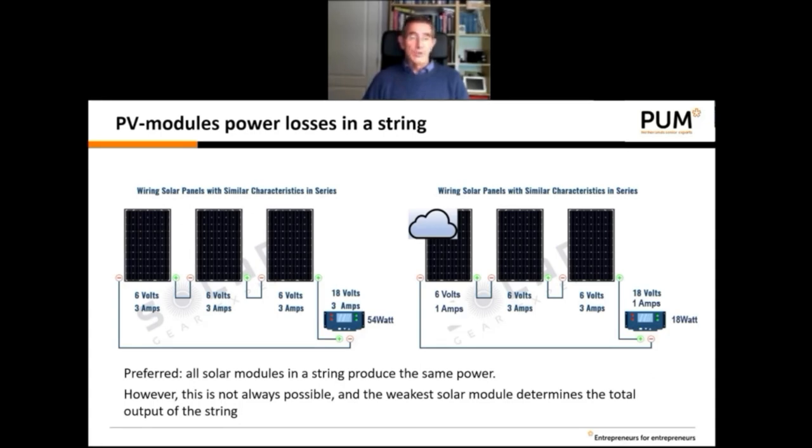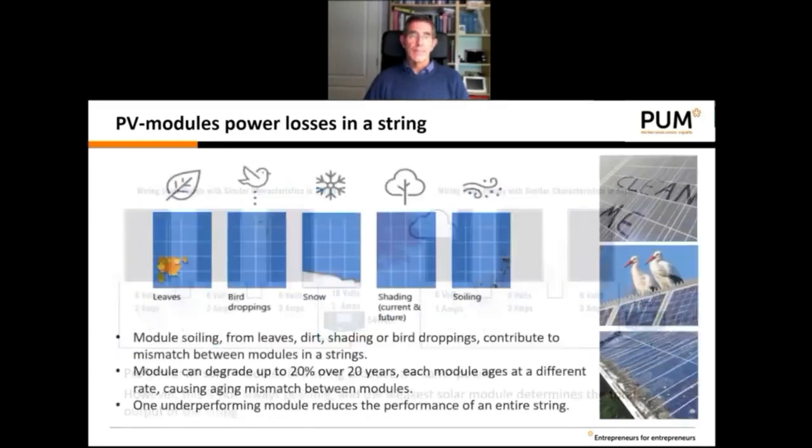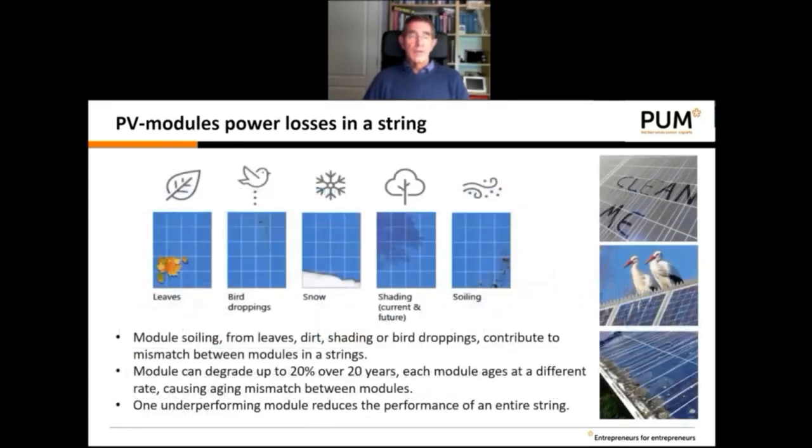So preferably, all solar modules in a string produce the same power. However, this is not always possible, and the weakest solar module determines the total output of the string. If we have a closer look at the reason why we have different output powers, it is because some of the modules can be exposed to soiling, leaves, dirt, shading, bird droppings, which all contribute to the mismatch between the modules in a string.